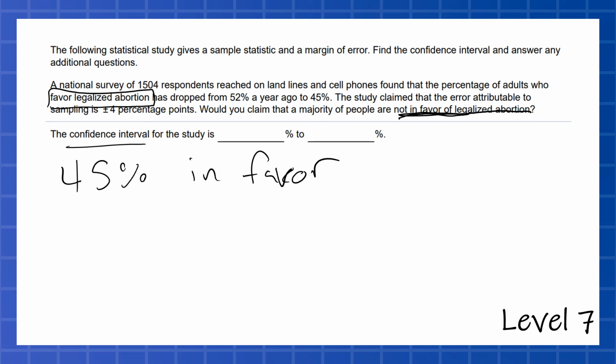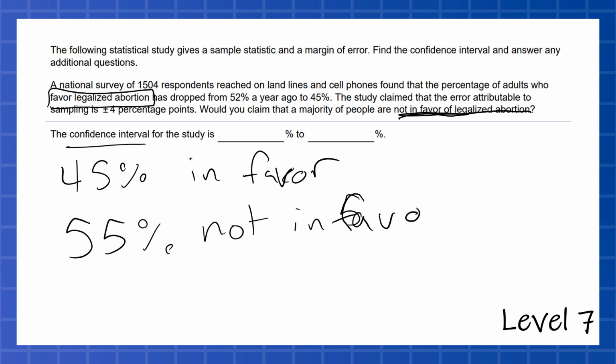So our actual percentage that we're going to use is 55%, because that adds up to 100, are not in favor. And then we can subtract and add our 4. So we're going to end up with 51% to 59%.